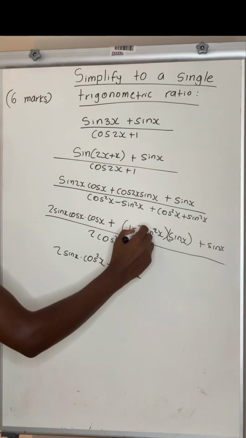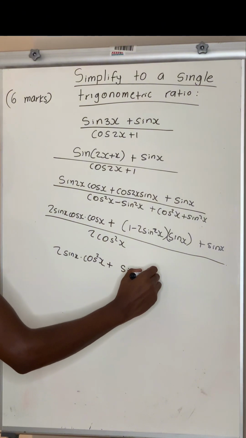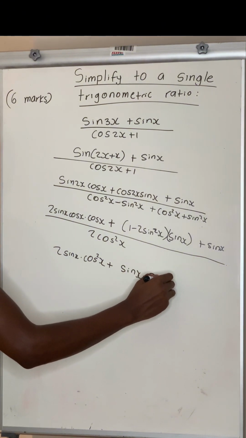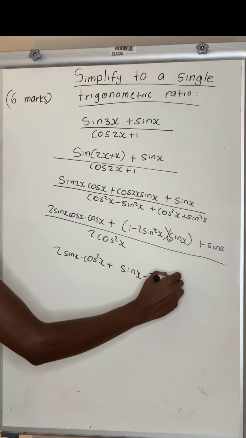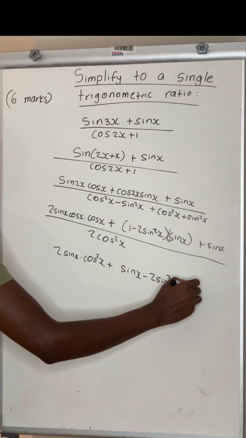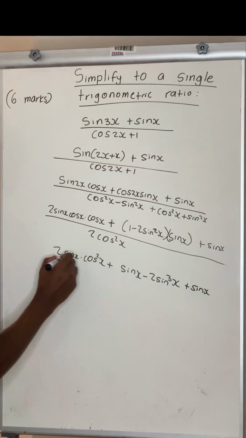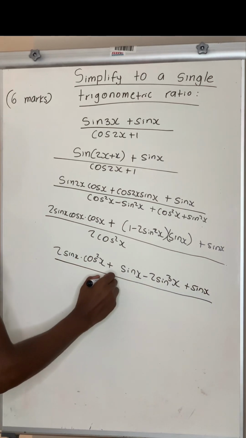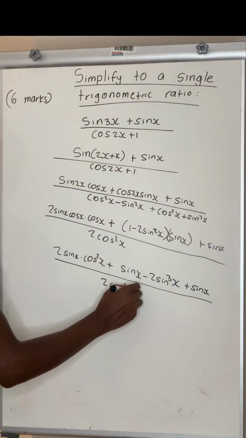And then sine x times negative 2 sine squared x, that is negative 2 sine cubed x plus sine x. Divide all of that by 2 cos squared x.